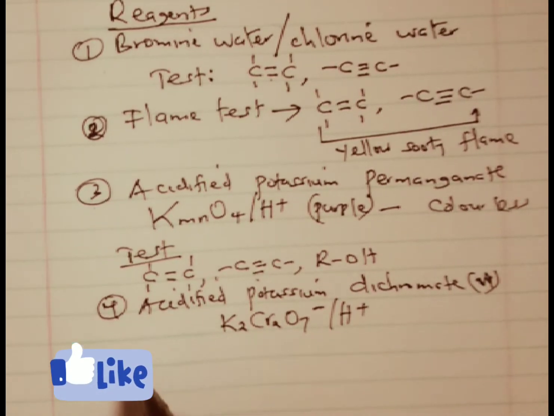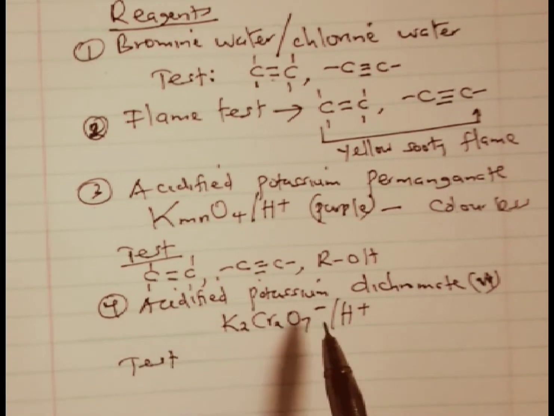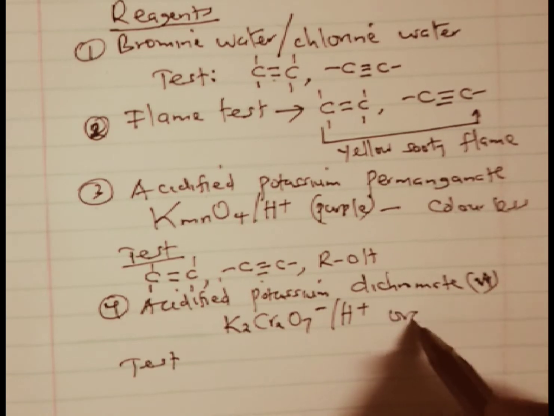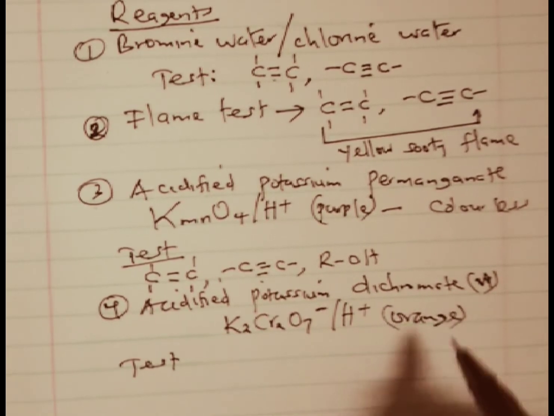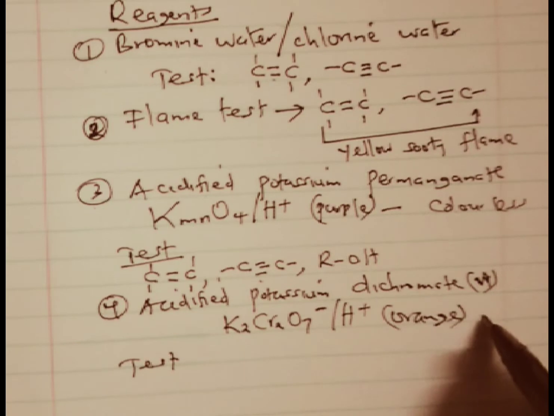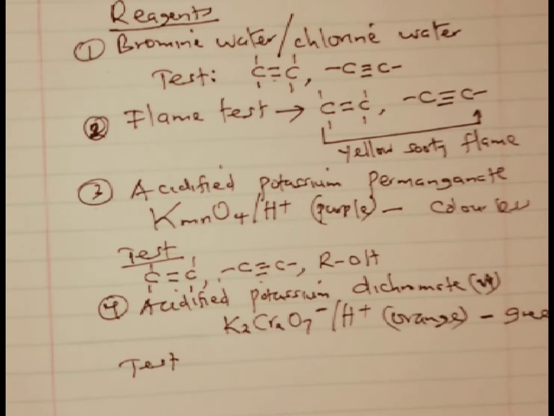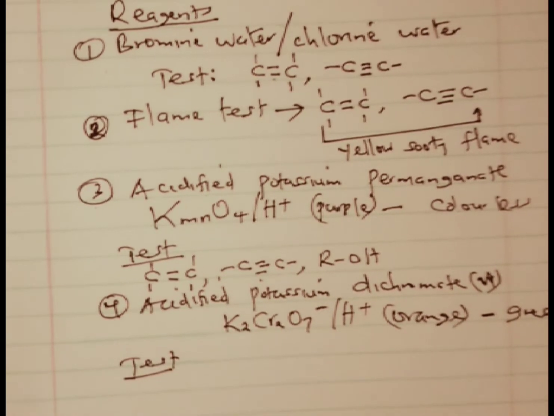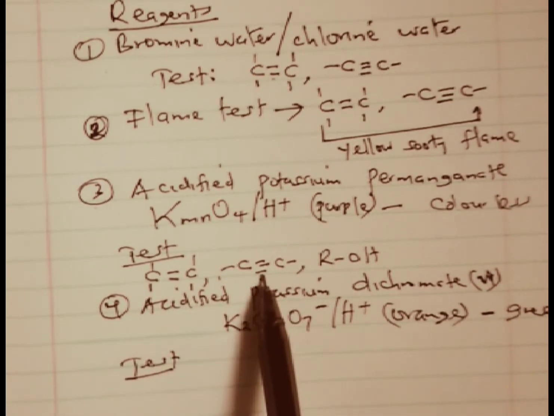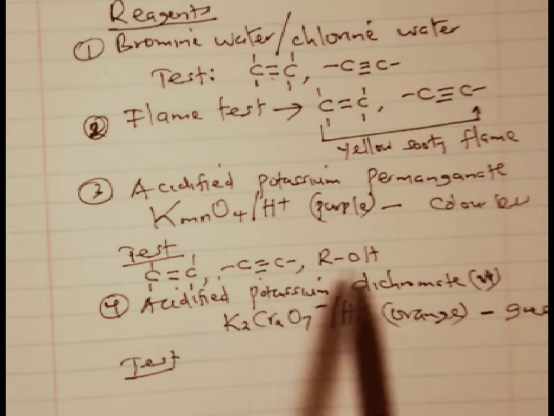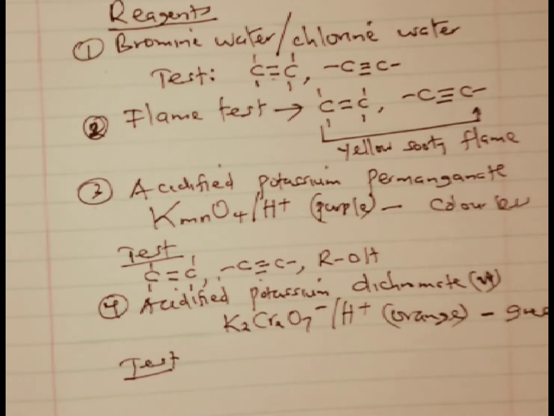What does it test? Remember, this one is orange, and we expect it to change to green. That is in case we have an alkene or an alkyne or an alkanol.